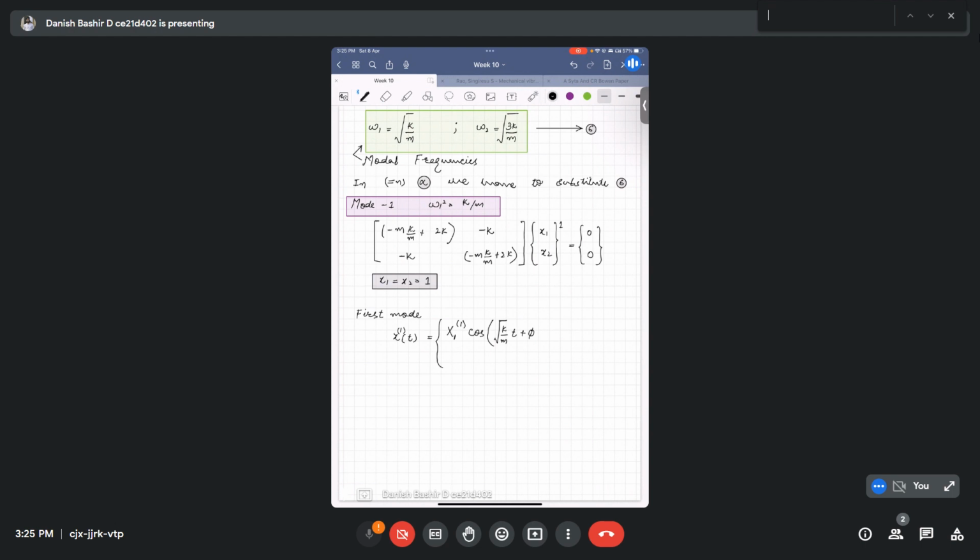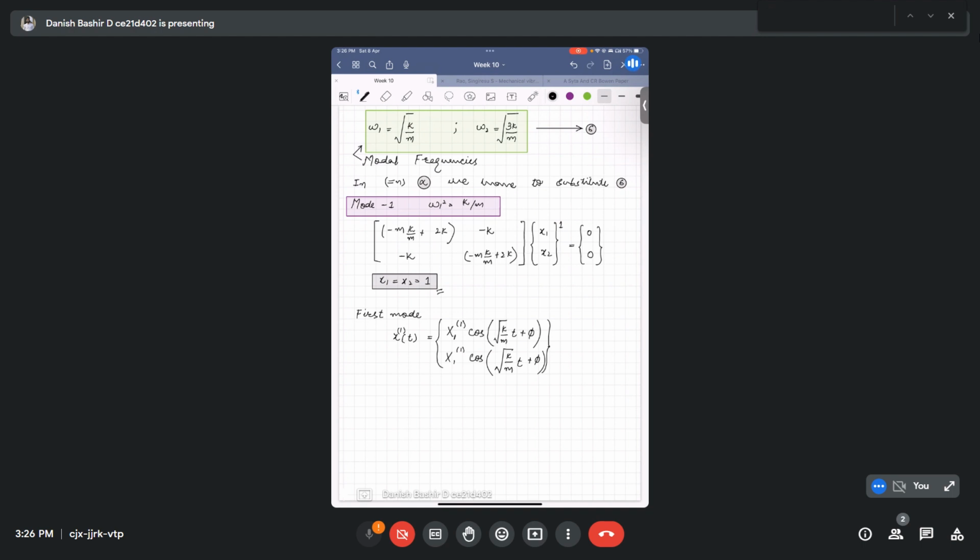Why does this cos omega t plus phi come? Because we already assumed the solution to be harmonic. So x1 of mode 1 is again equal to cos root k by m of t plus phi. Why are both entries equal? Because above, x1 and x2 is equal to 0. Here this x1 and x2 is equal to 0.